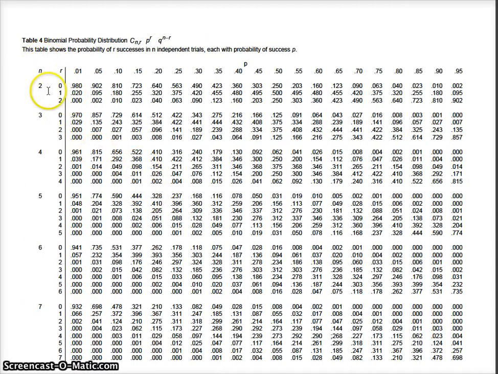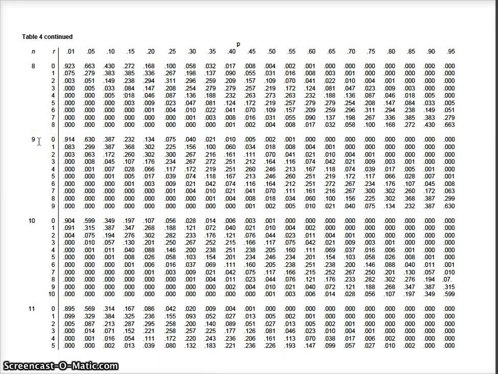So in the table, we first know that our value for n is 10. So keep turning pages until you find n equivalent to 10. And then we go across the top until we find our corresponding p-value, our probability of success.